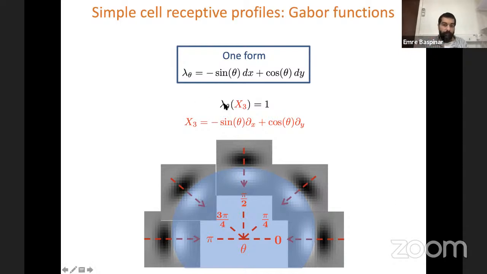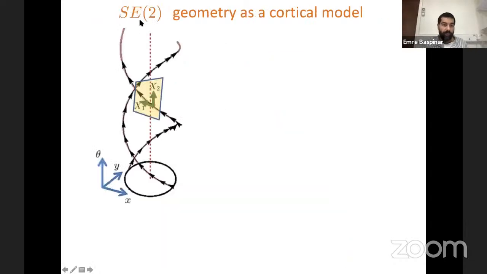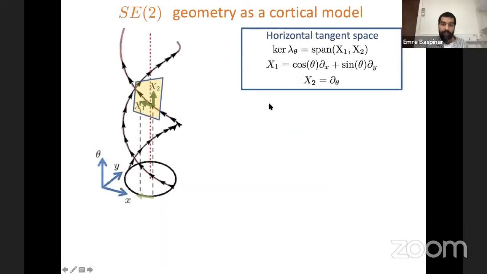Okay, and this one form relates the receptive profiles to the sub-Riemannian geometry of SE2 because it naturally directly induces the horizontal tangent space corresponding to the sub-Riemannian geometry of SE2.